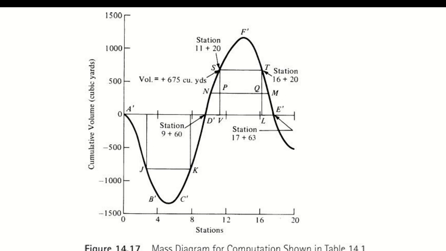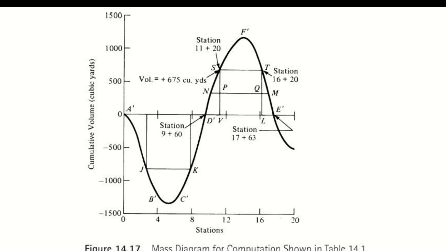So that means you are having cut areas now, or areas which are having more cut quantities. That is what is causing the slope to go up. And the downward slope means vice versa. When you see the slope going downward, that means fill quantities are increasing. So either you are having fill areas or areas which are having more fill quantities.